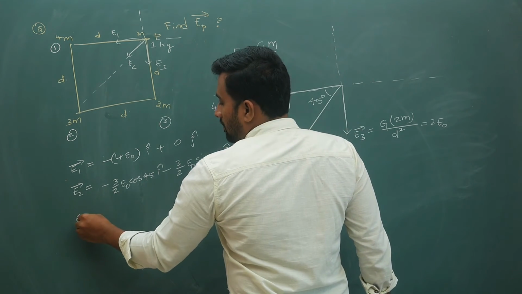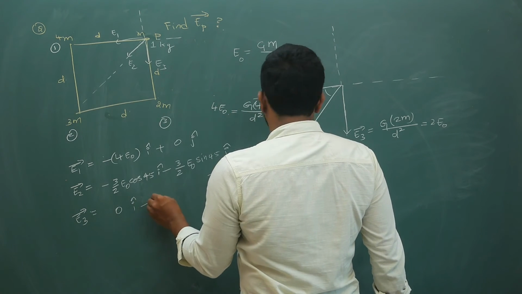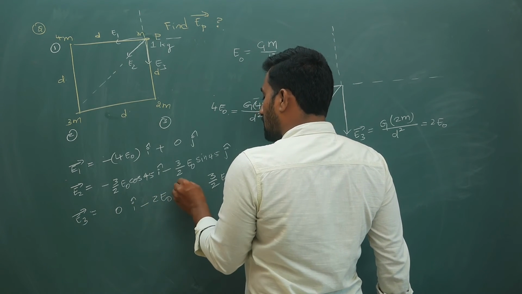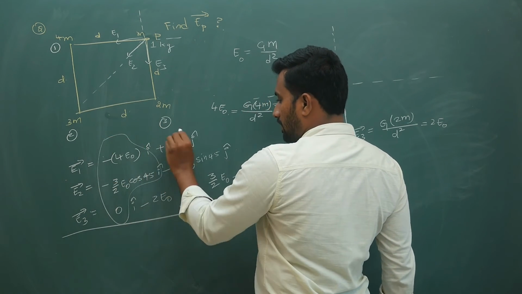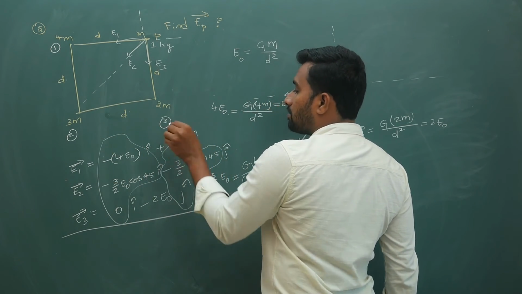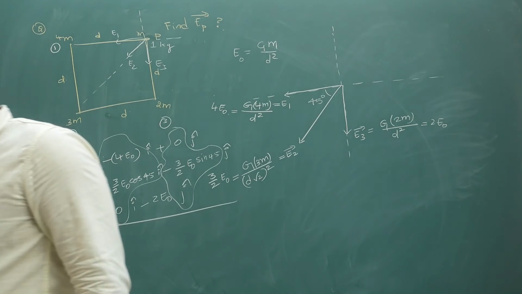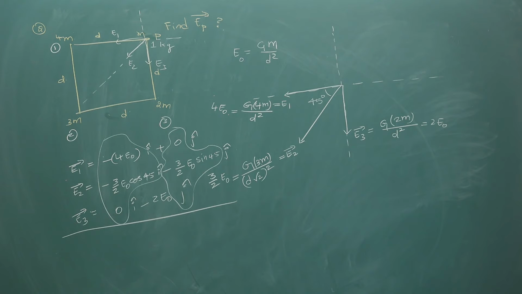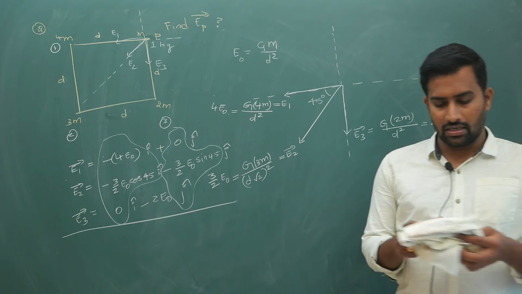Next, E3 bar is 0 i cap minus 2 E naught j cap, because it is along negative y-axis. So add the corresponding x components, add the corresponding y components, and then give the final answer. Okay, so like this you are supposed to give the field because of point charges. Alright, so let's continue further. Once you have calculated the field, you have to add each one vectorially.